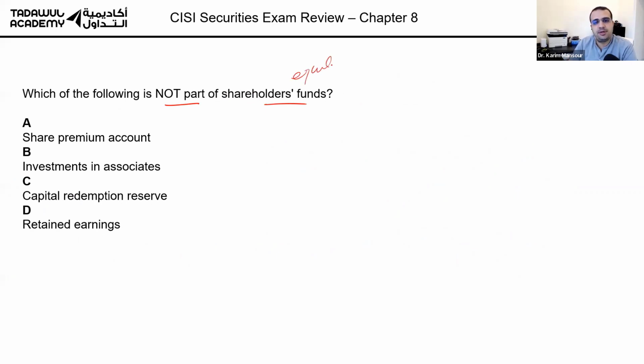So which of the following is not part of the equity in the balance sheet? The answer is investment in associates, because it's part of the assets. It's a non-current asset. The rest of them, A, C, and D, are all part of the equity of the shareholders.